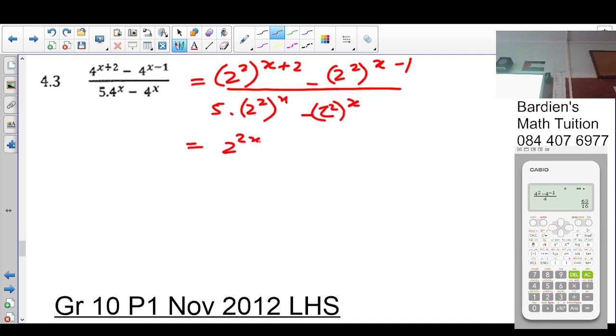So it's 2 to the 2x plus 4 minus 2 to the 2x minus 2, over 5 times 2 to the 2x minus 2 to the 2x.